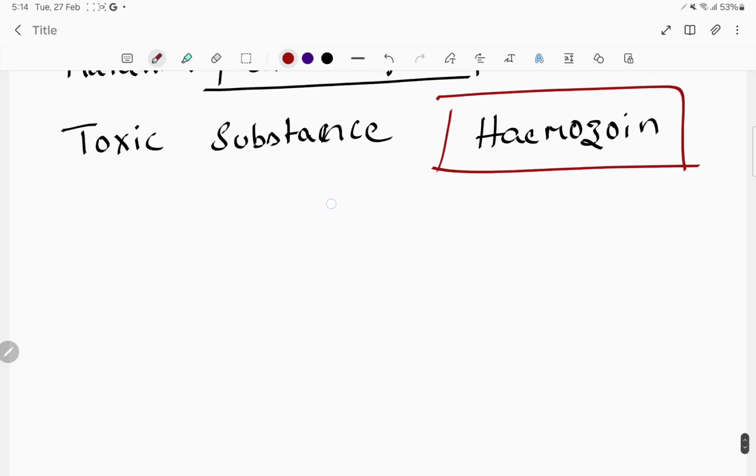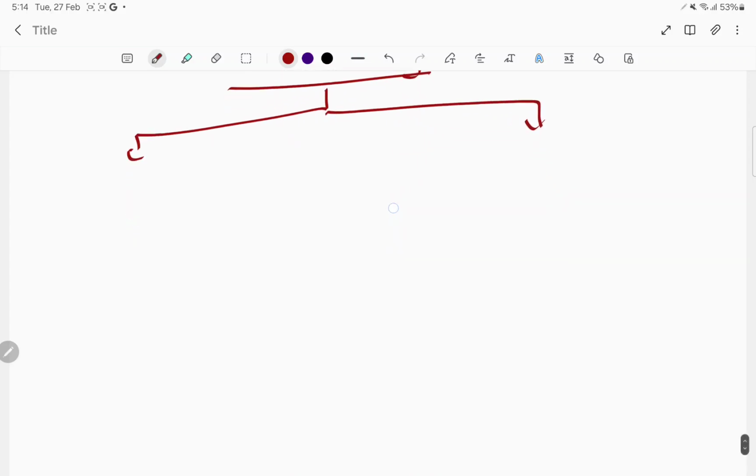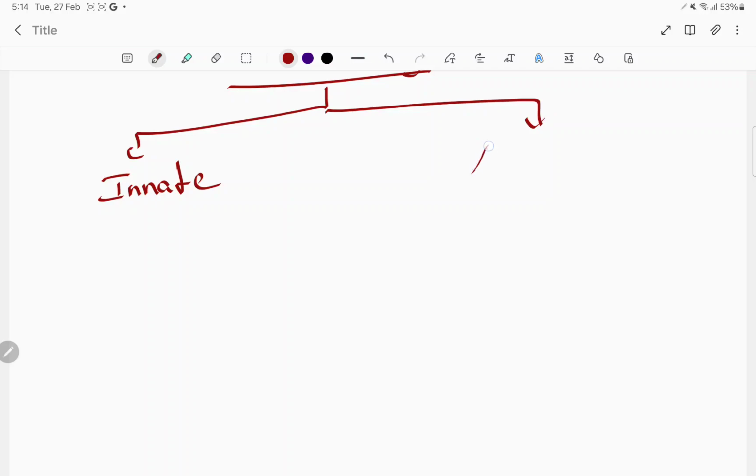And next, we'll see the types of immunity. In immunity, we have two types mainly: innate immunity and acquired immunity. Usually, innate immunity is non-specific.